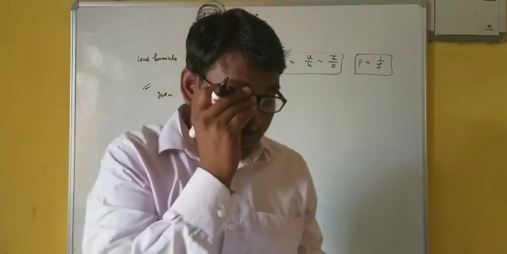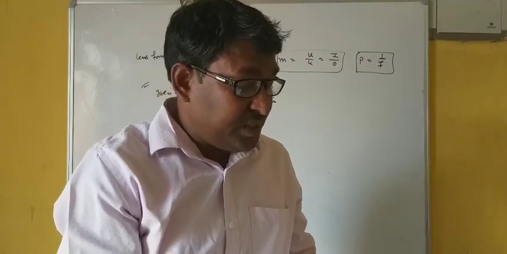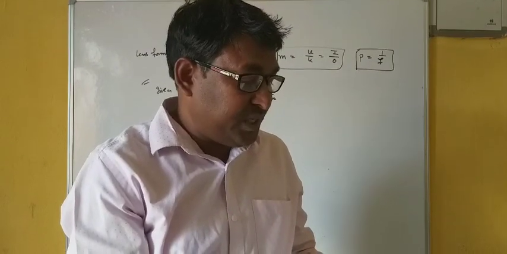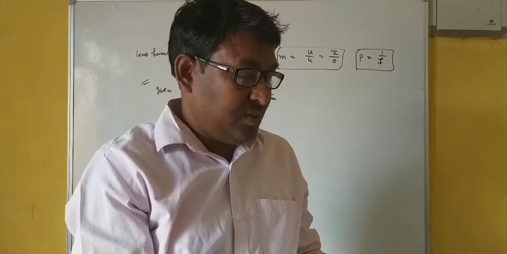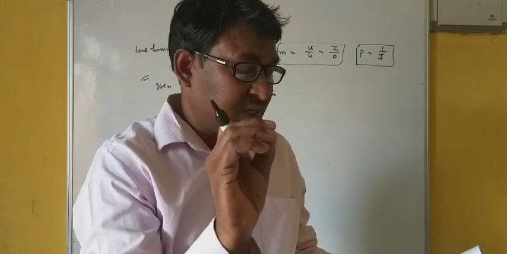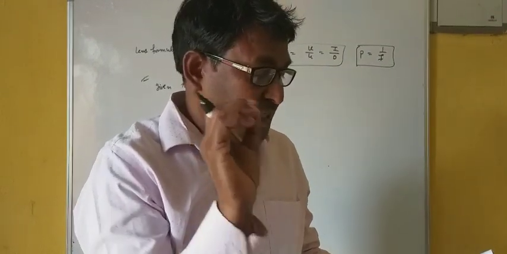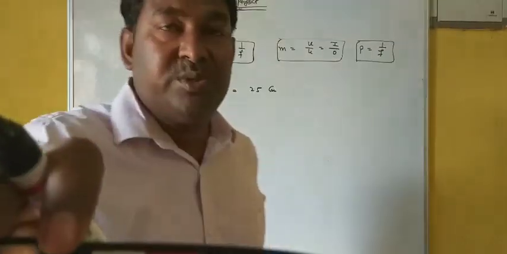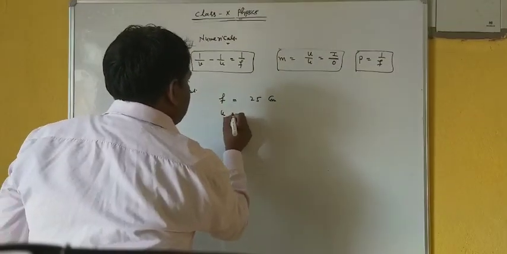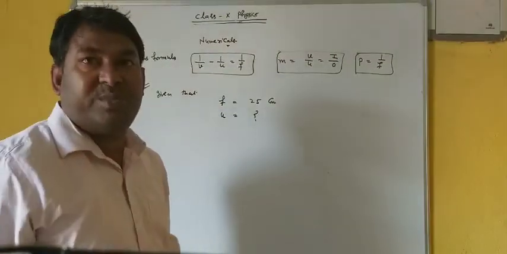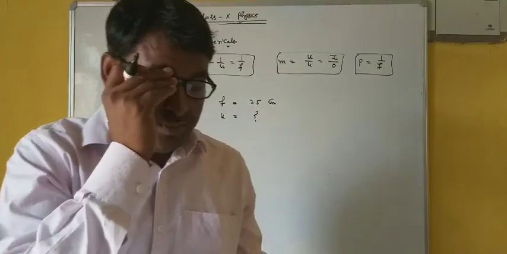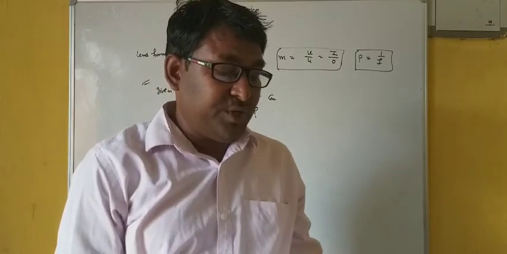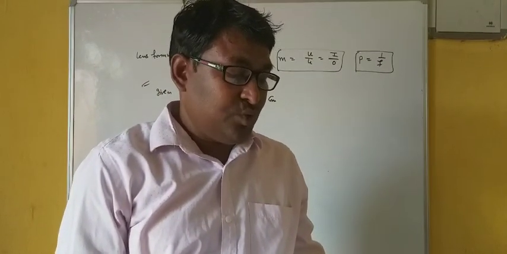Next: at what distance from the optical center of the lens should an object be placed to obtain a virtual image of twice the size?